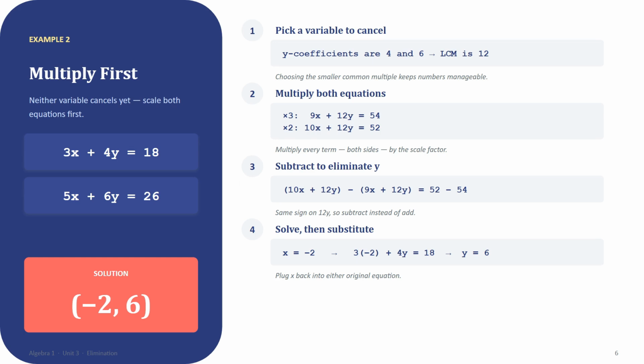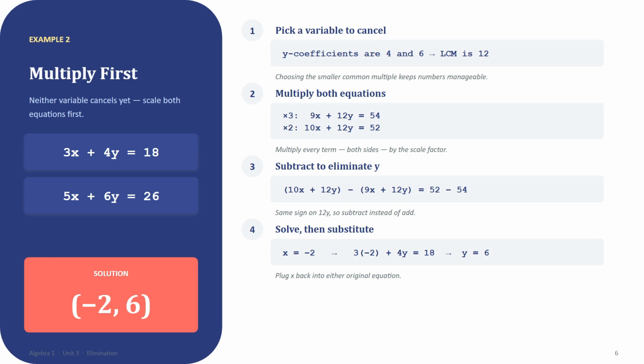The third step is that we subtract to eliminate y. We set up the equation 10x plus 12y minus 9x plus 12y equals 52 minus 54.